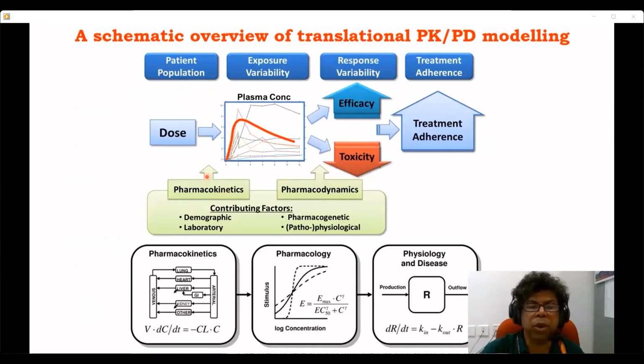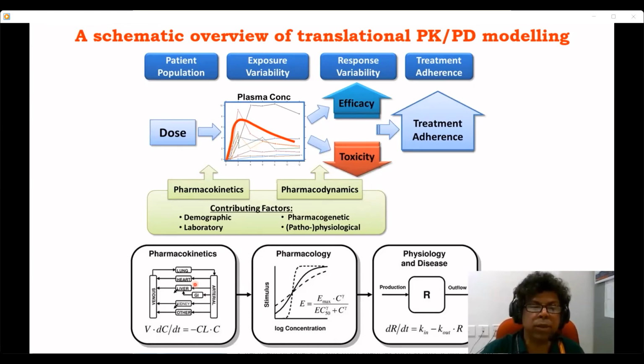Then you study both pharmacokinetics and pharmacodynamics. Then find out the contributing factors like demographics, laboratory values, pharmacogenetics, like I mentioned, SNPs, whether they are in genes that metabolize the drug, for example, CYP2D6 in the case of morphine metabolism, etc.